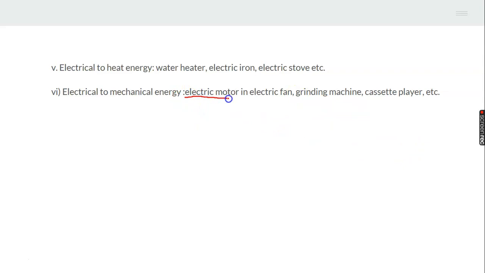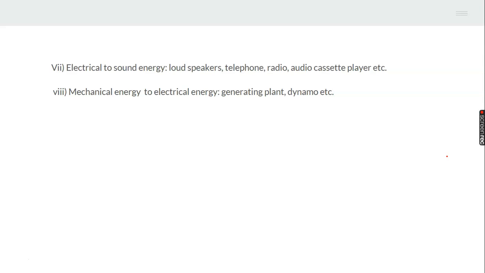It drives the fan. It's the one that allows the fan to work perfectly. In the grinding machine, the electric energy is being converted. That's the one you use in grinding your pepper or what have you. Electrical to sound energy, we have the loudspeaker, the radio, our cassette players and all that.